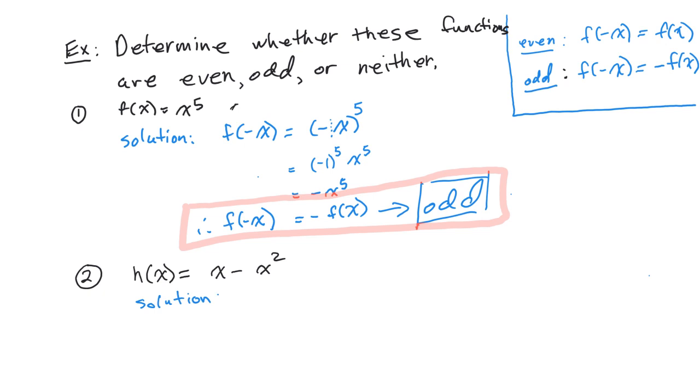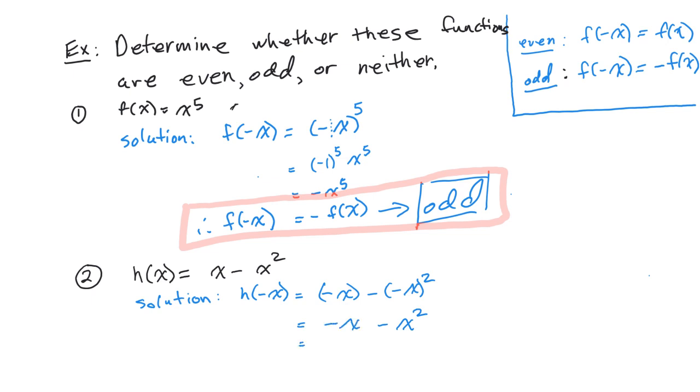So we substitute all our x's with -x. So we go -x minus (-x) squared. So (-x) squared is going to end up being just x squared. But the minus sign in front stays there. And then the x becomes -x.